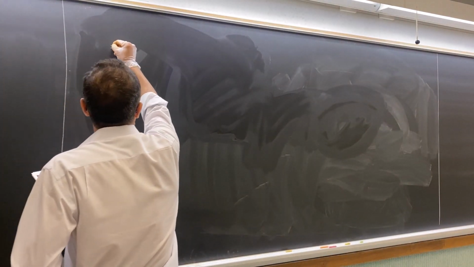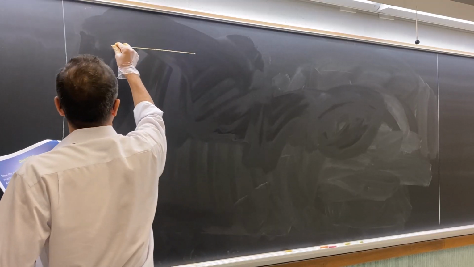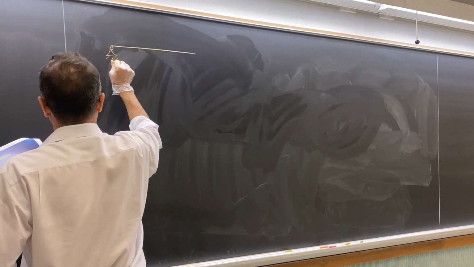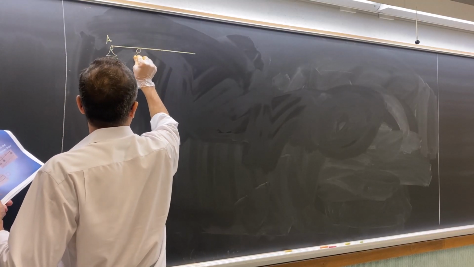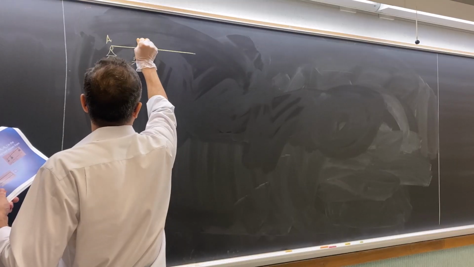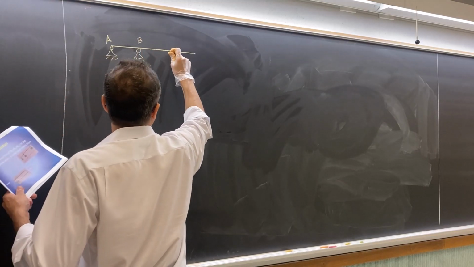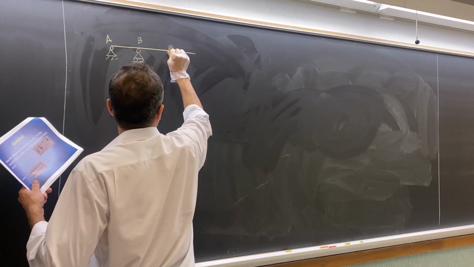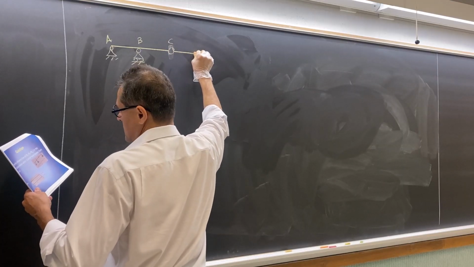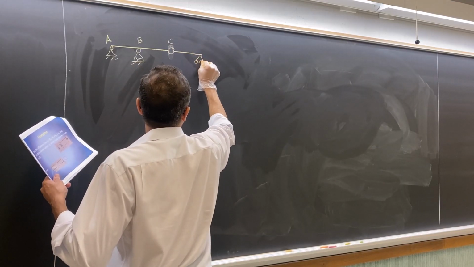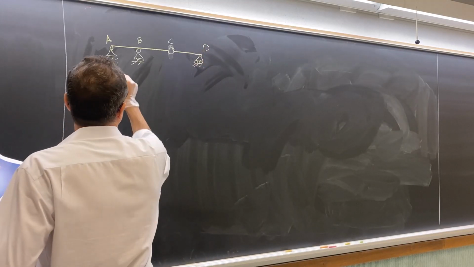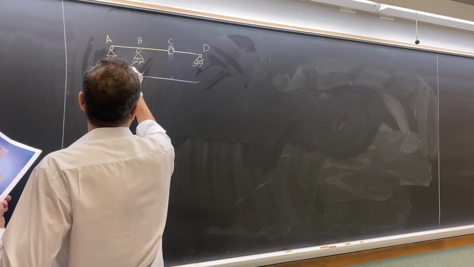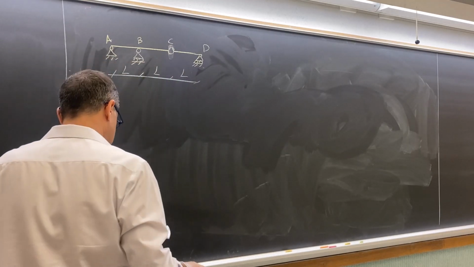There is a beam sitting on support A. We have a roller support B. We have a pin at point C and a roller support at point D. L is the span.